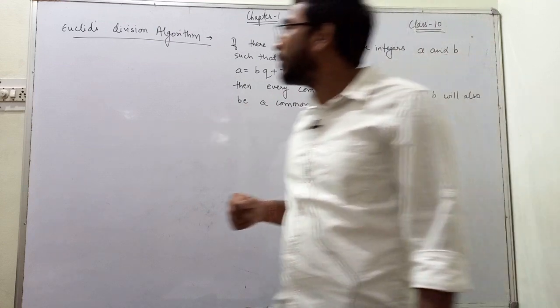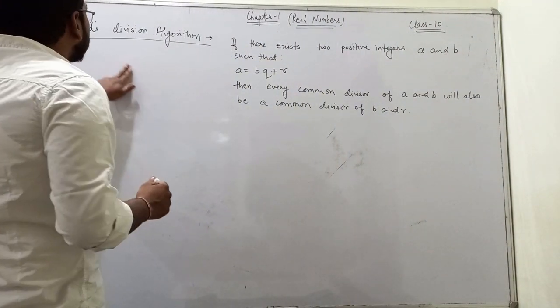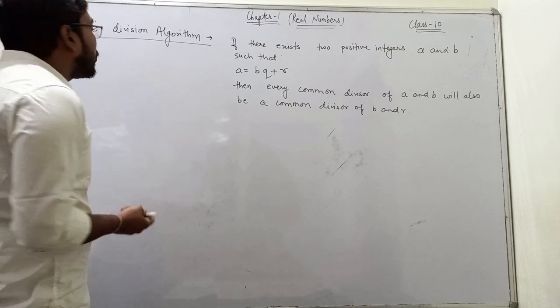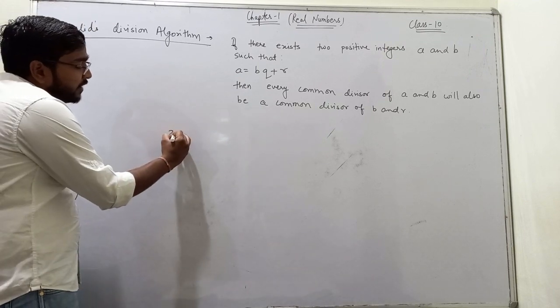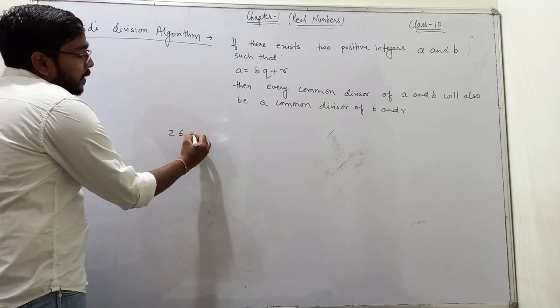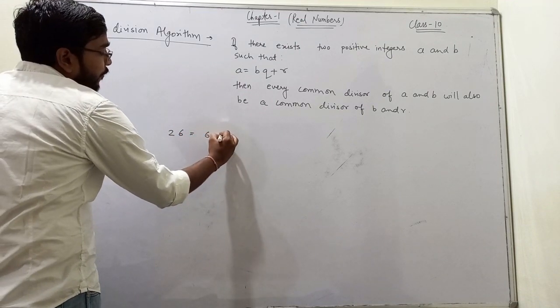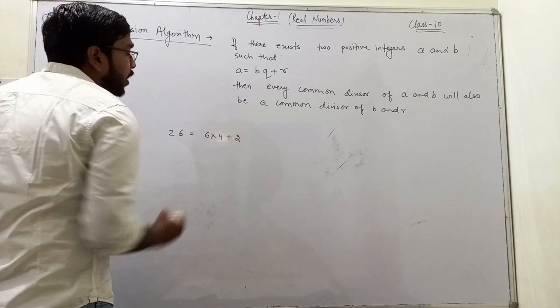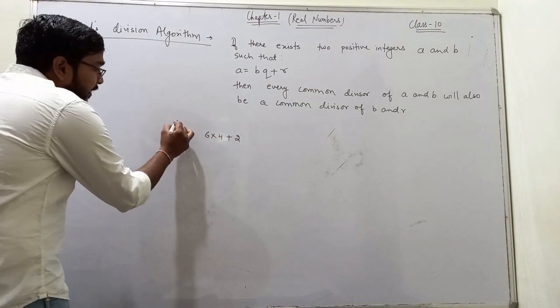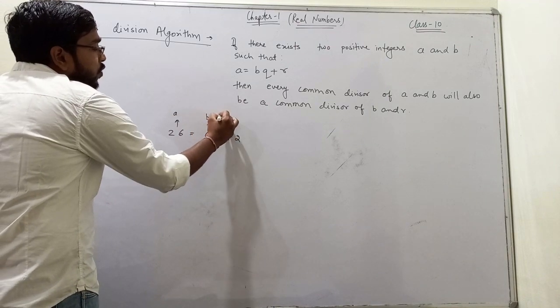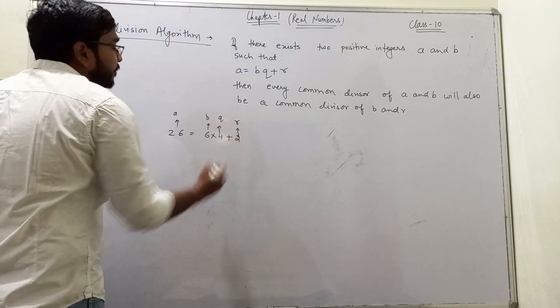For example, let us take two terms a and b which are not co-prime. If I divide 26 by 6, then the quotient is 4 and the remainder is 2. Now I can see that it is a, it is b, it is q and it is r.